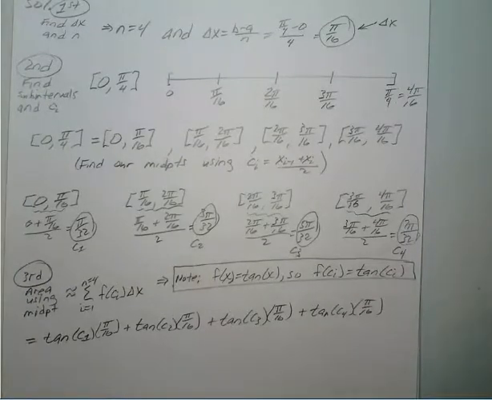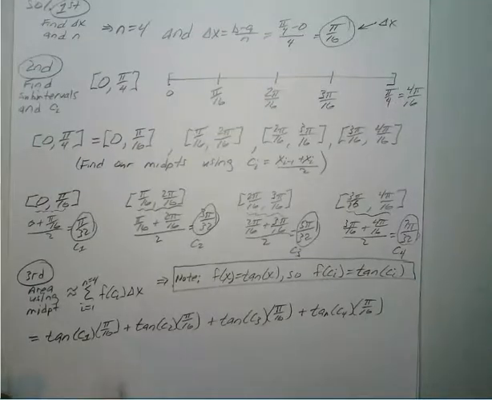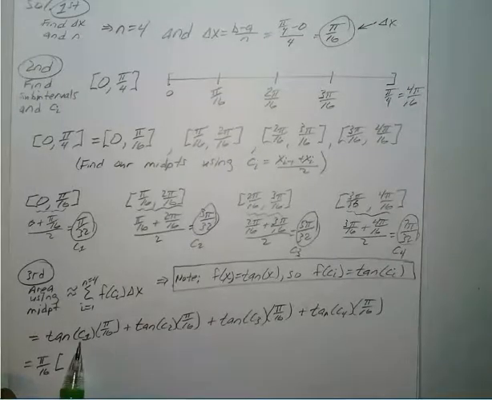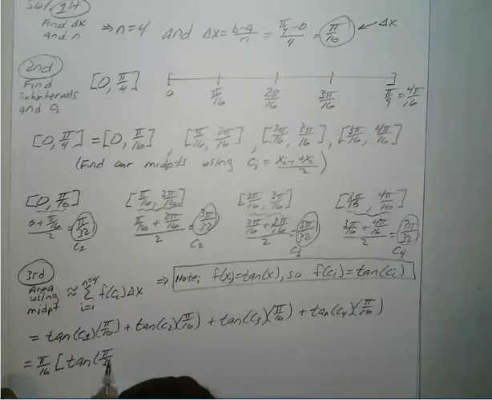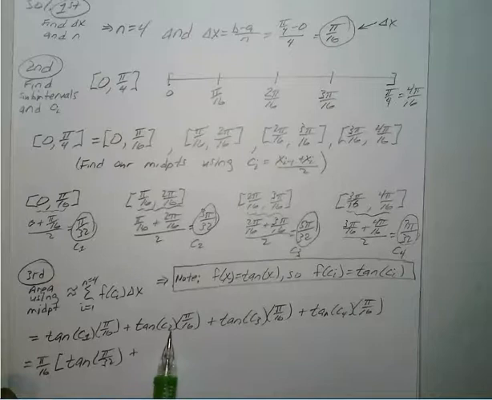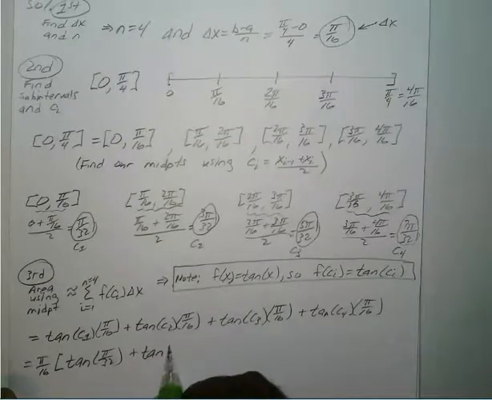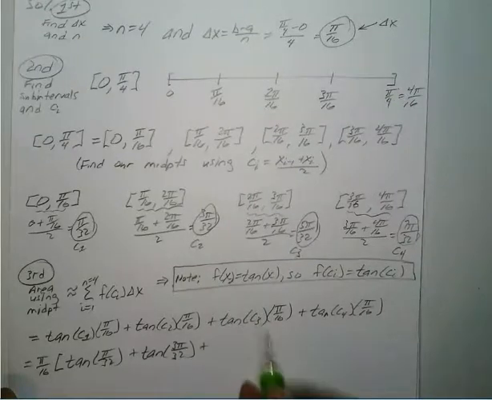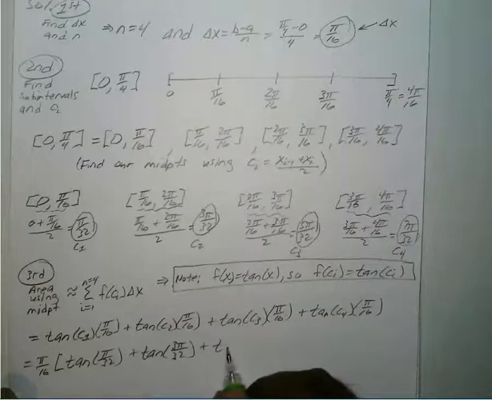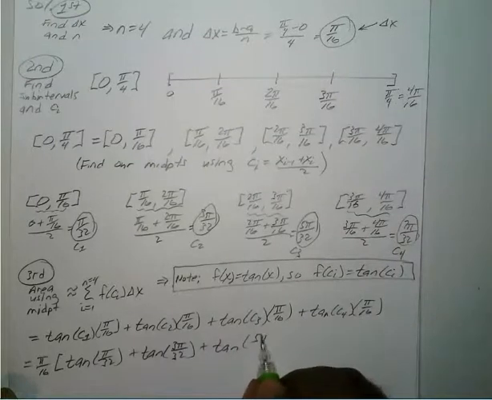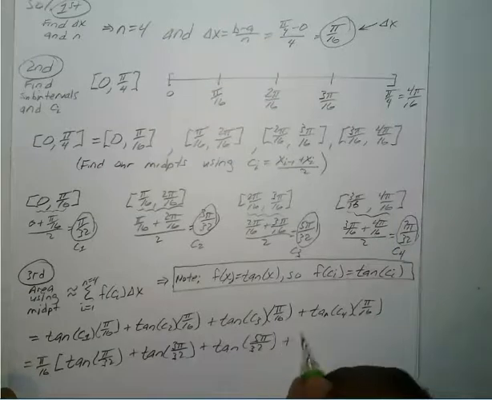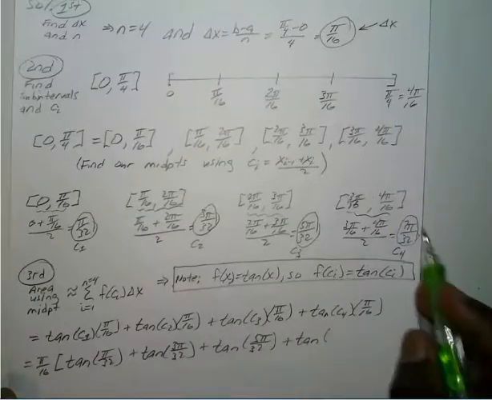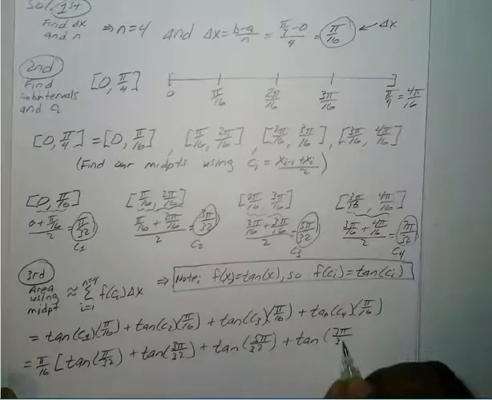All right, so just like before, we're going to factor out our pi over 16 so we don't have to keep writing it over and over. So that's going to be tangent of C sub 1, which is tangent of pi over 32, plus tangent of C sub 2, which is tangent of 3 pi over 32, plus tangent of C sub 3, which is tangent of 5 pi over 32, plus tangent of C sub 4, which is tangent of 7 pi over 32.